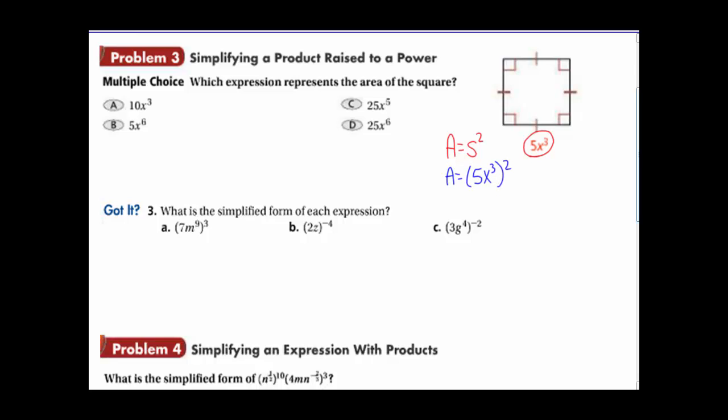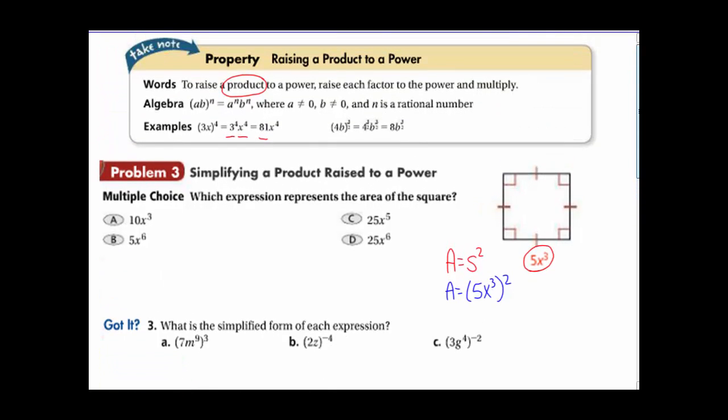So now we have a product being raised to a power. If we use that formula from above, we need to take each factor and square it. So this would become 5 squared and x cubed squared.